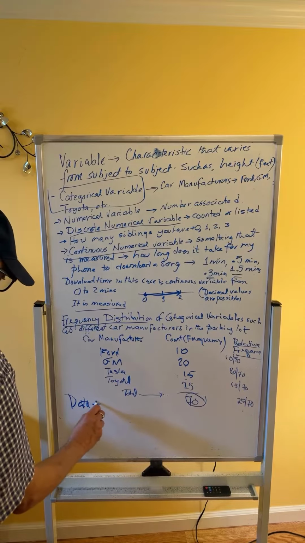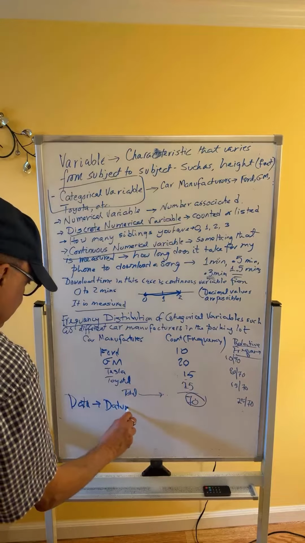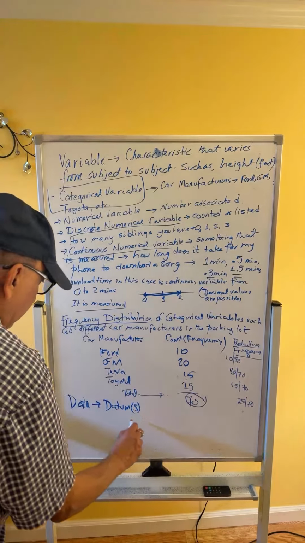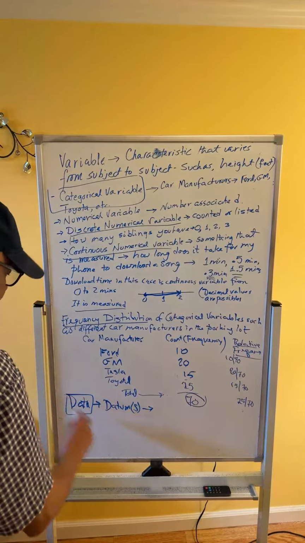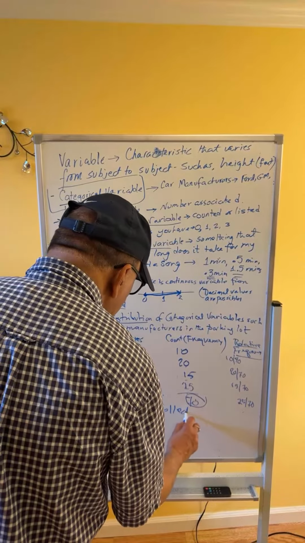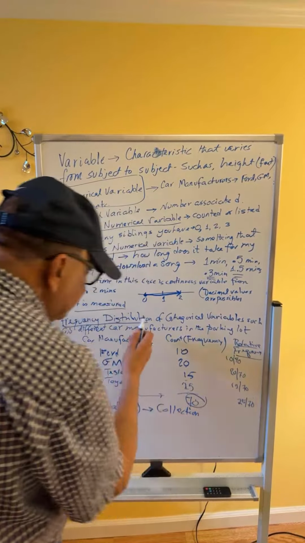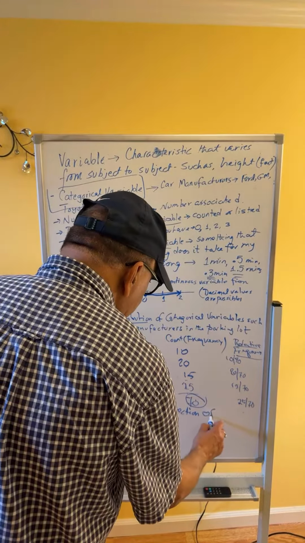Data is the plural of the word datum. This is the singular form. It means data itself means collection of information. In our case, in this particular frequency distribution, it is numbers. Collection of information.